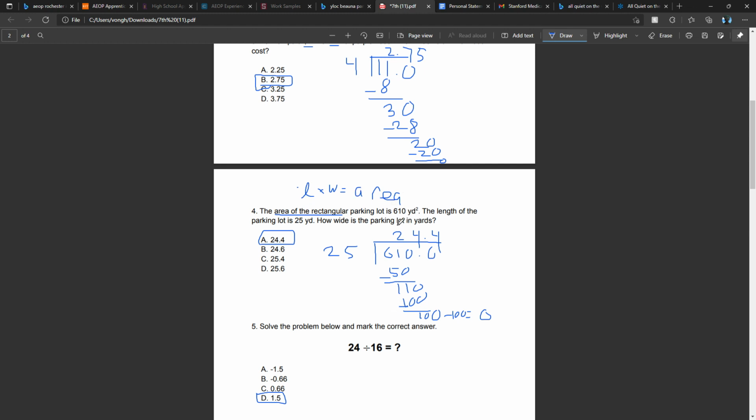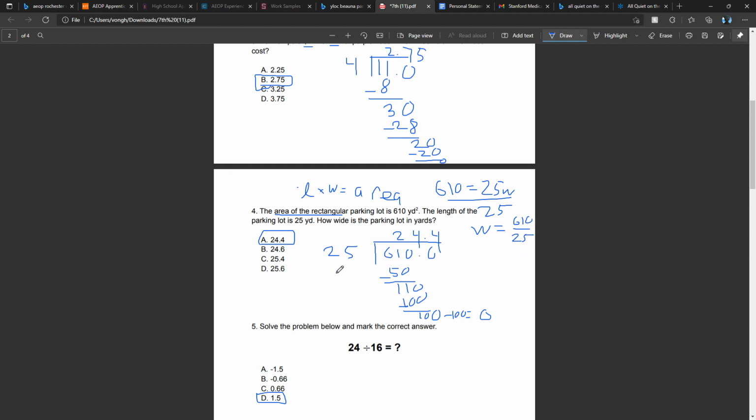So 610, which is the area, equals the length, 25, times some unknown number, which I'm going to call w for width. So 25 times w equals 610. That means we just have to divide the whole thing by 25 to isolate the width.